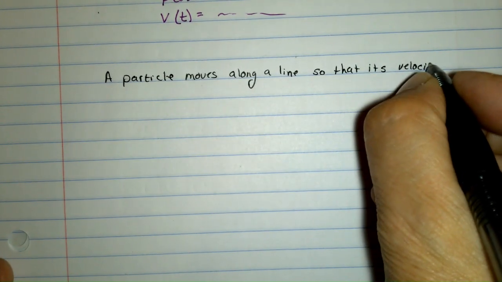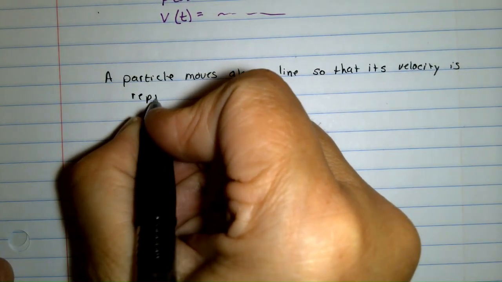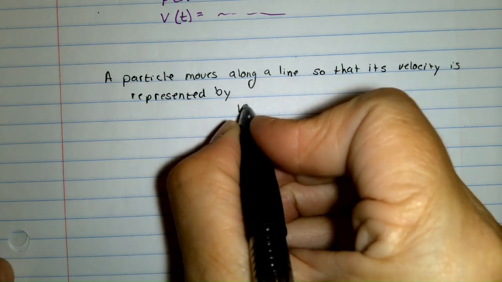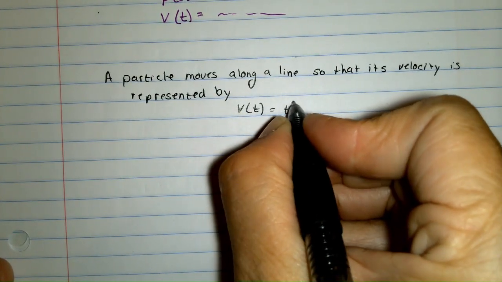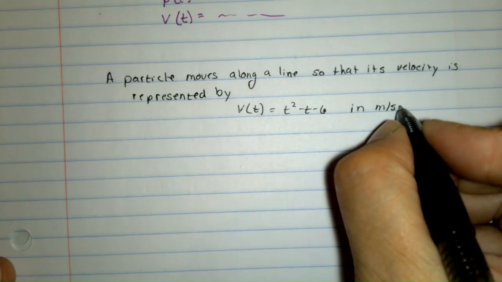So you have a particle, and it's moving along a line, so that its velocity is represented by an equation. In our case, our velocity is going to be t squared minus t minus 6 in meters per second.